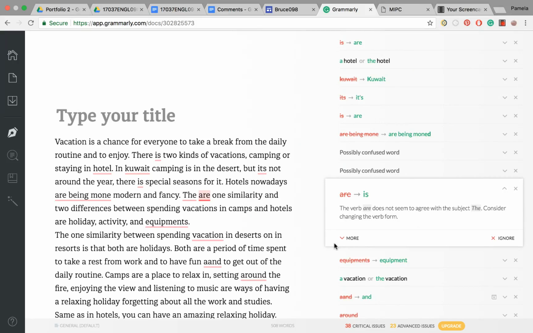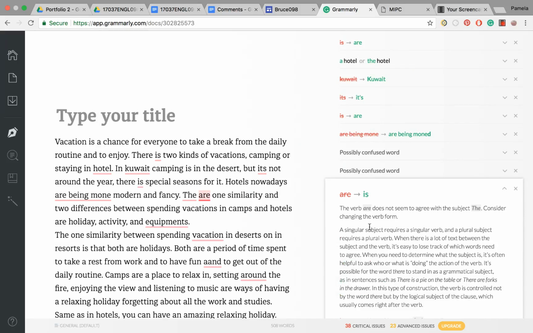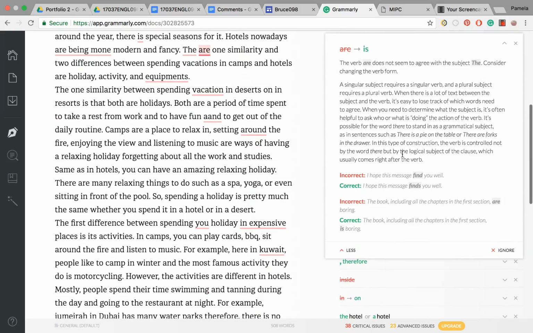And if you still don't understand, you can click on the more arrow and it will give you a little mini lesson there to, again, help you to improve your English skills. This is really the main reason why I love Grammarly so much, because it's not just about finding the mistakes, it's about teaching you why they are mistakes so that you can learn from your mistakes.